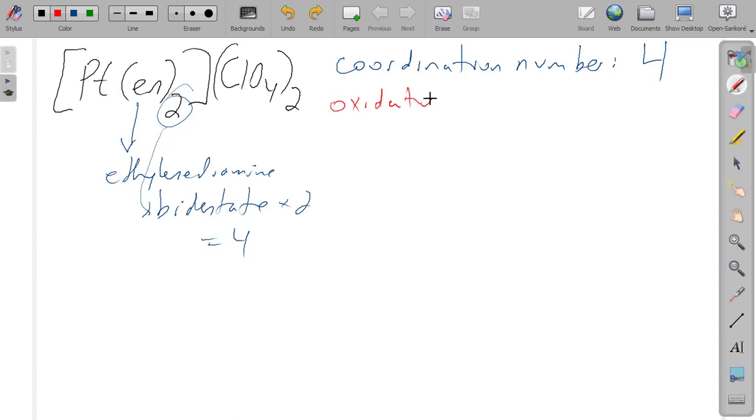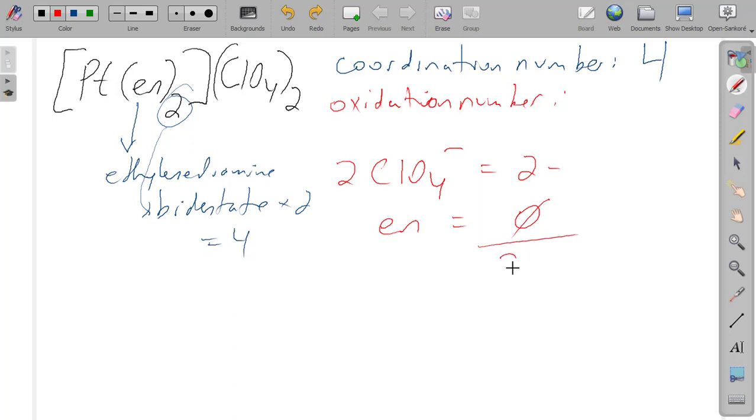So now oxidation number. All right. So we have the perchlorates. Now the perchlorate is 1 minus, what you should have remembered a long time ago. So that's going to equal 2 negatives, right? En is 0 charge. It's a molecule and has no charge associated with it.